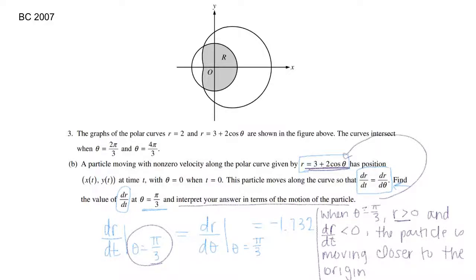You're in the first quadrant, so cosine is positive, and so that whole value is positive. And the rate of change, which we just found, is negative. So even though our radius is positive, its rate of change is negative. So it should be shrinking, pulling that particle closer to the origin.